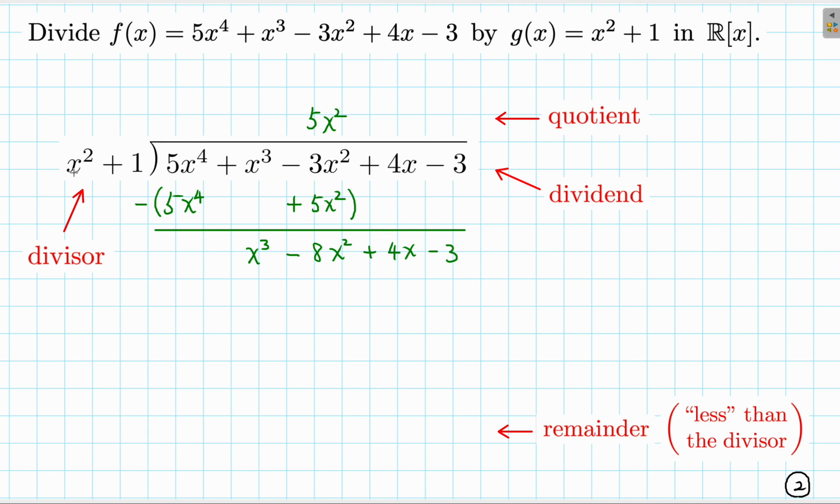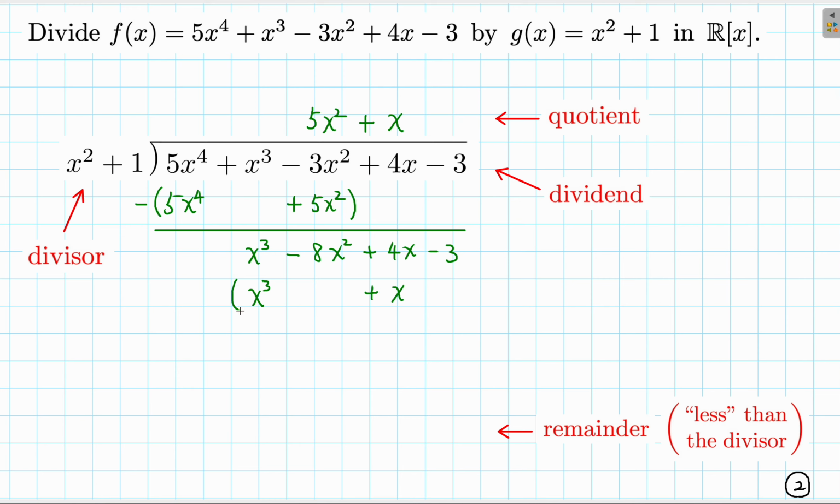So now, how many times does x squared plus 1 go into x cubed? Well, this will be plus x, because then when we multiply x times x squared, that'll give us x cubed here, and that's going to cancel out the leading term. And so upon multiplying, we get x cubed, and then plus x.